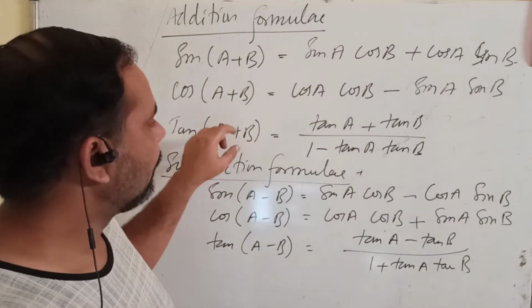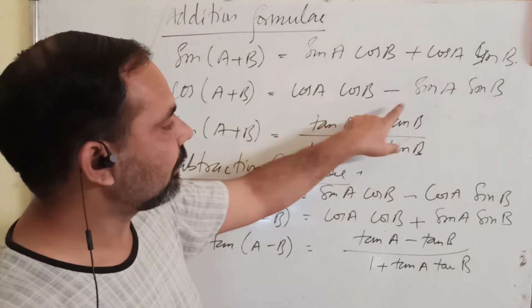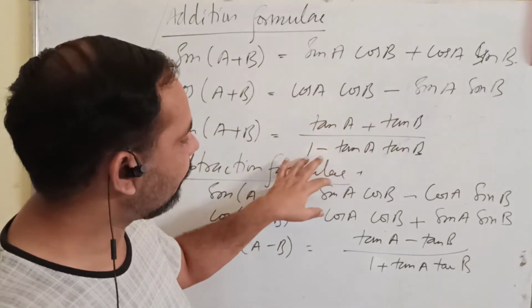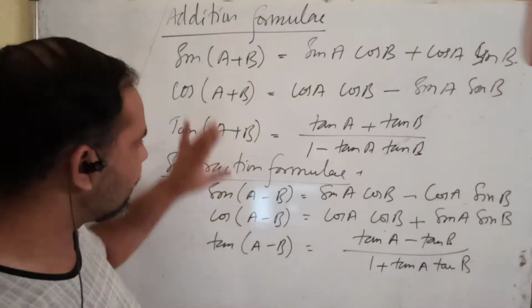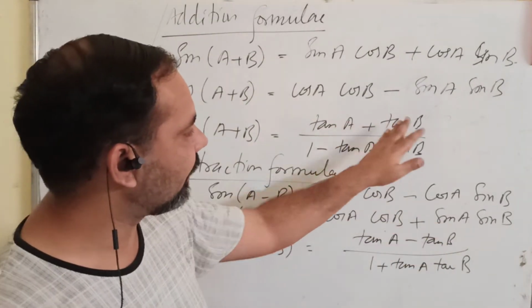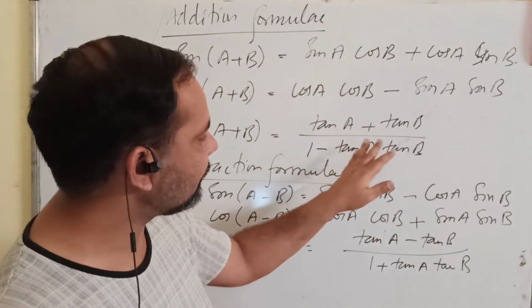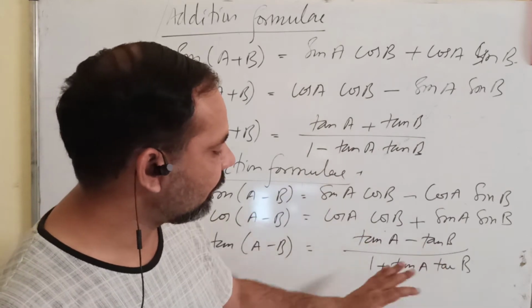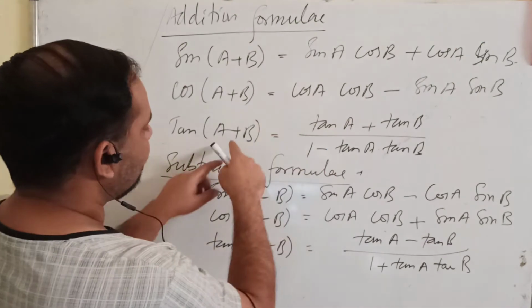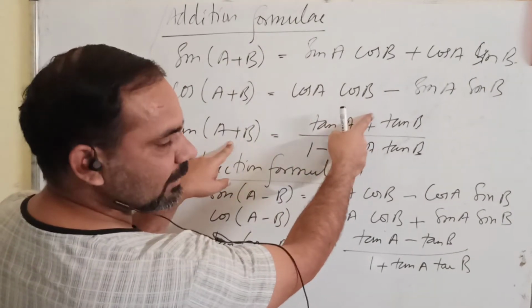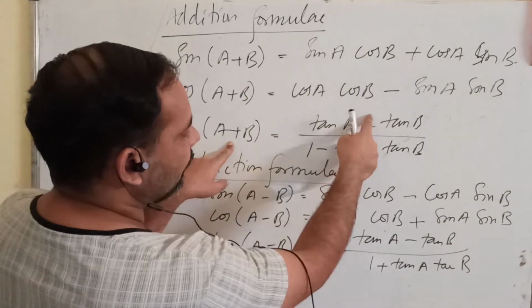In case of tan, you write tan A, tan B, 1, tan A, tan B. This is the order, and the order will remain the same in both cases. You can see tan A plus tan B upon 1 minus tan A tan B, and tan A minus tan B upon 1 plus tan A tan B. In the numerator, the sign which is given to you, you put that sign. If plus is there, you write plus.